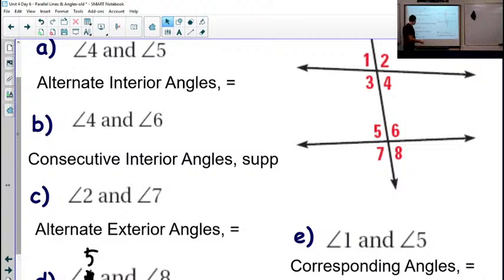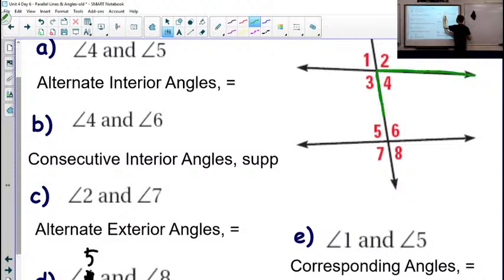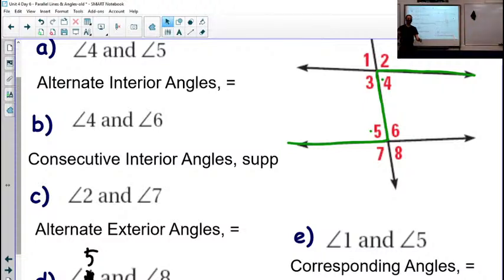Like my alternate interior angles: here's angle 4, and then angle 5 is down here, so it would trace out over here. When I trace out those alternate interior angles, it makes this kind of zigzag Z shape. That's something you can use to pick out alternate interior angles: trace it out and say, oh, that's got a Z or a zigzag. So we have alternate interior angles.